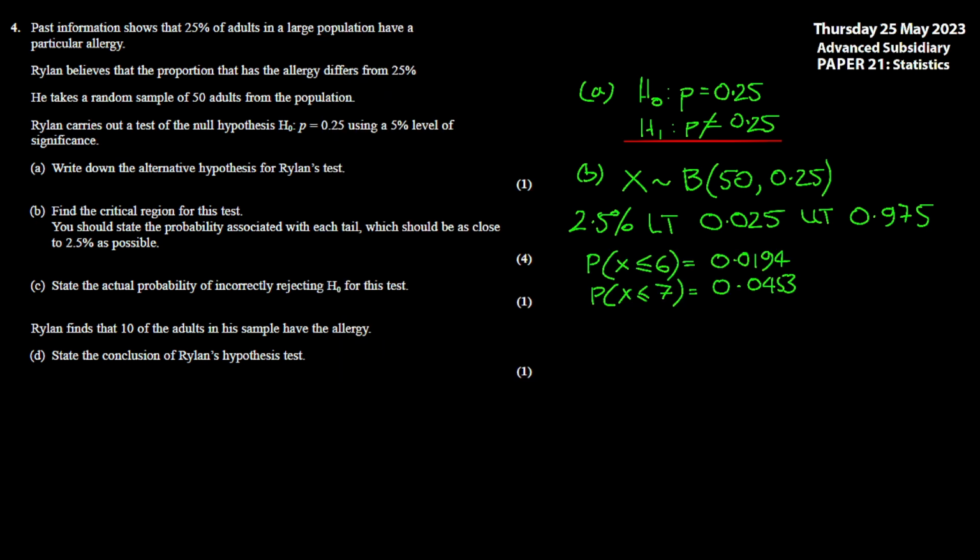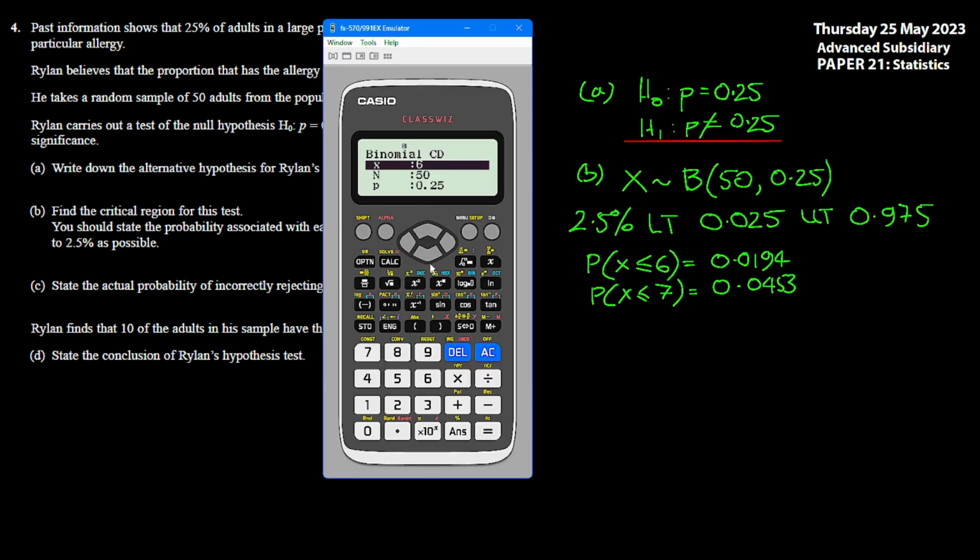So let's do the same now for the upper tail. Again, we have to guess the answer. Let's guess at 40. And remember, we're after an answer of 0.975. And as you can see, we're way off. Probability is 1. So let's reduce this to 30.